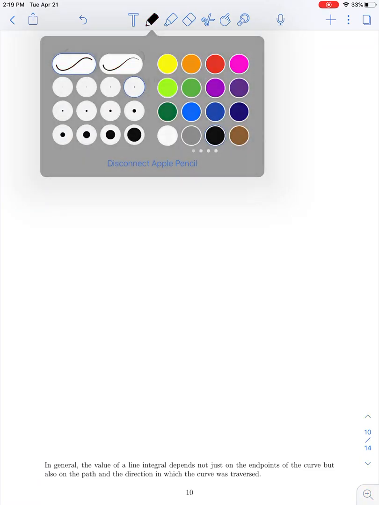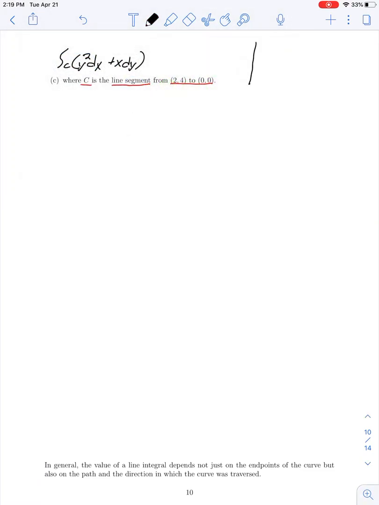So here, our curve is the line segment which passes from the point 2, 4 to 0, 0.